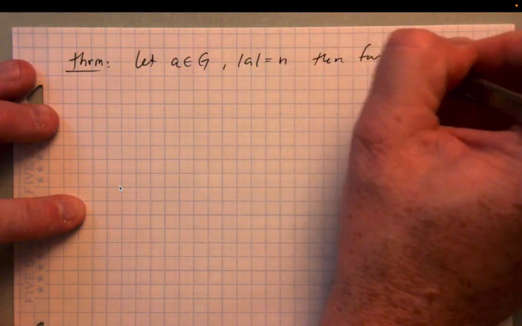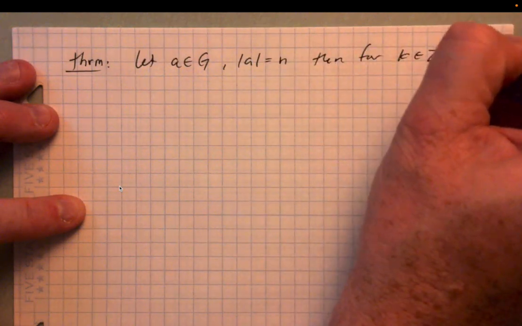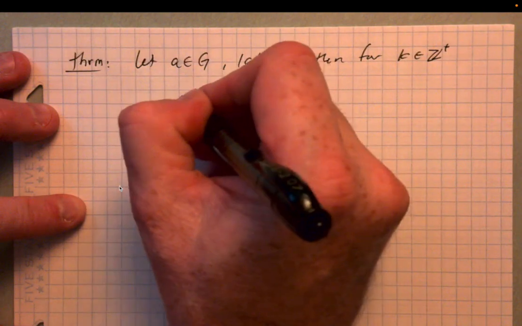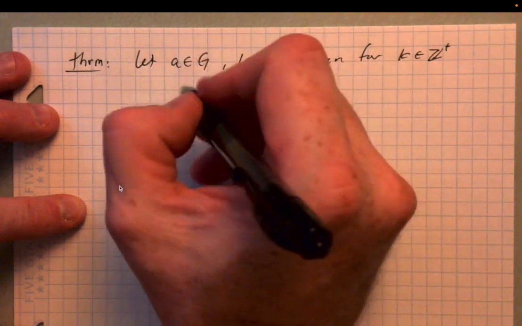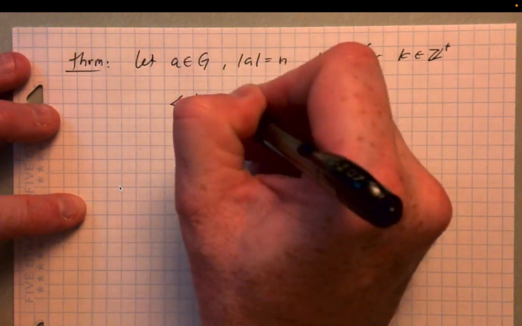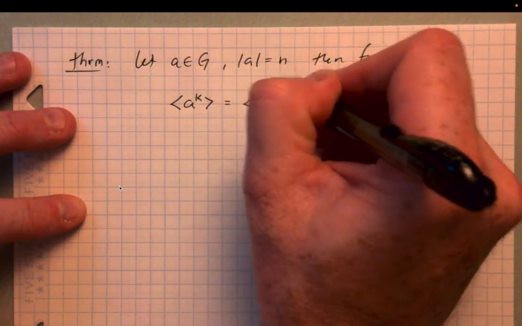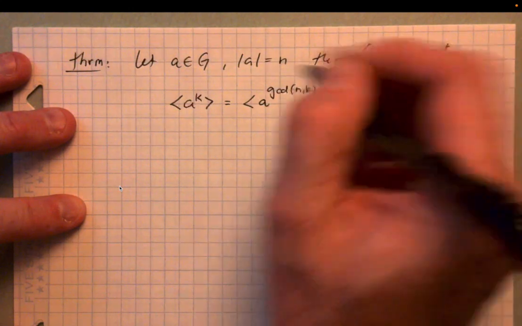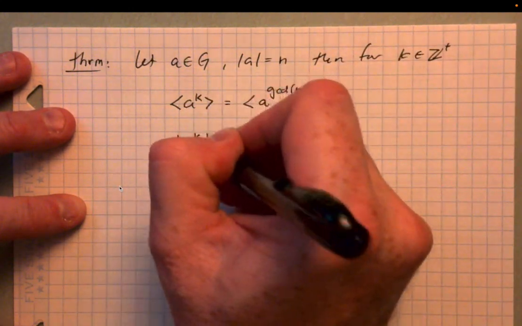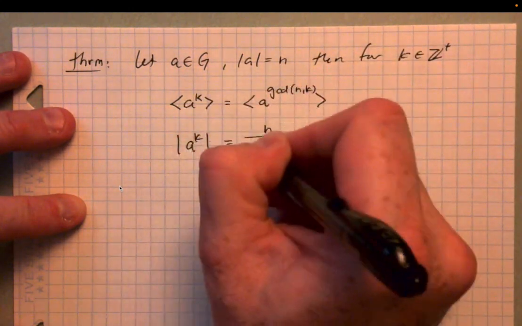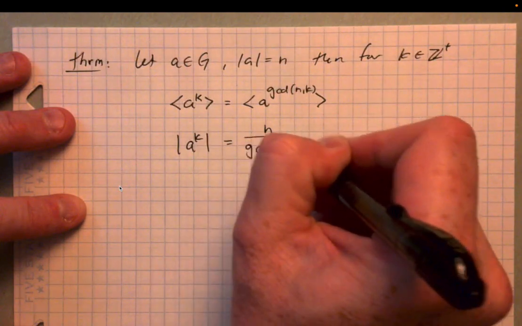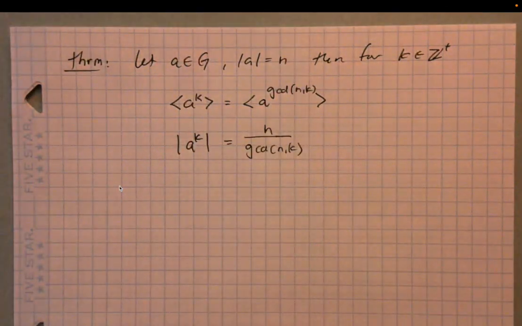Then for k a positive integer, the group generated by a to the k is equal to the group generated by a to the GCD of n and k. And the order of the element a to the k is equal to n over the GCD of n and k. Okay, so we just finished proving this theorem.